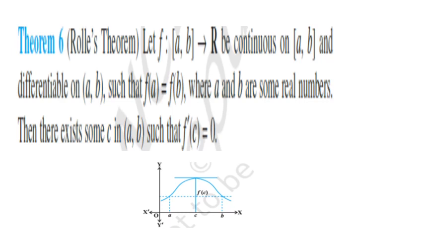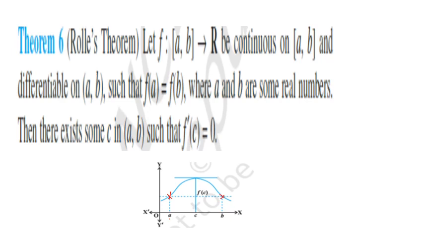That means f(x) is a function defined on the closed interval [a, b] and it is differentiable on the open interval (a, b), and f(a) is equal to f(b). f(a) equal to f(b) means the function values at the extreme points are equal.